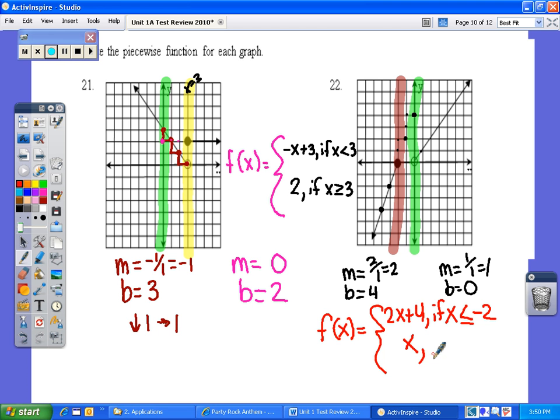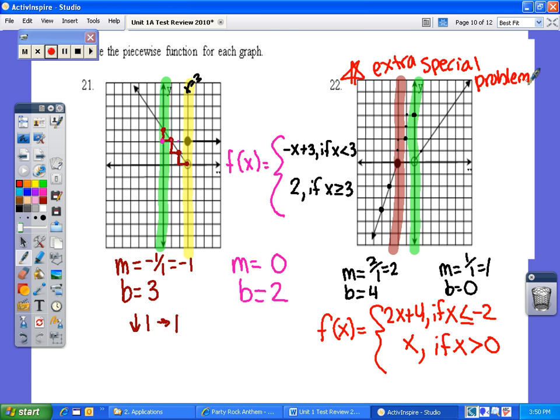And that's if x, because it's not colored in, is greater than 0. Notice I have two different numbers because I have two different domain restrictions. On your test, you have to know this, okay? It's going to have one domain restriction on your test. So don't get used to this. This is just an extra special problem, okay?